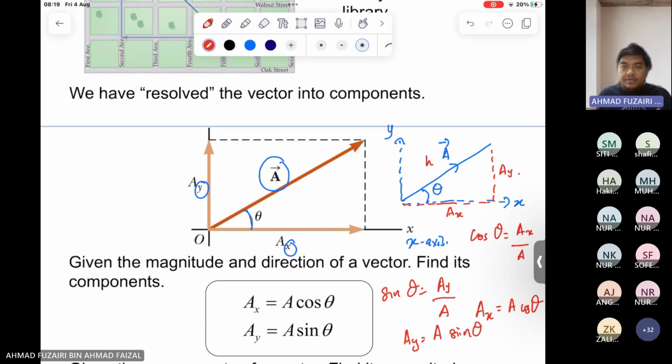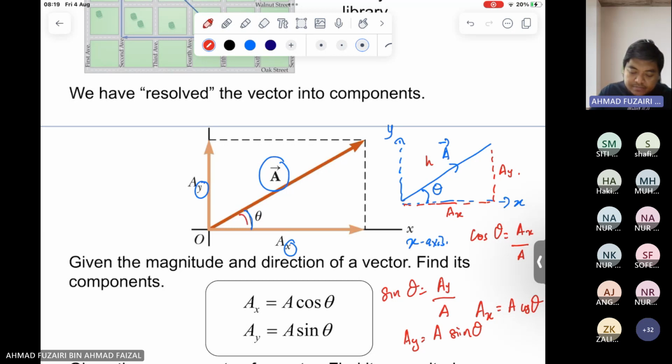A normal way, biasanya, zaman sekolah dulu, this is something that always happens to students when they just memorize. Memorize ni bahaya. Kenapa memorize ni bahaya? For example, this diagram shows that the angle is in between the x axis dengan vector.